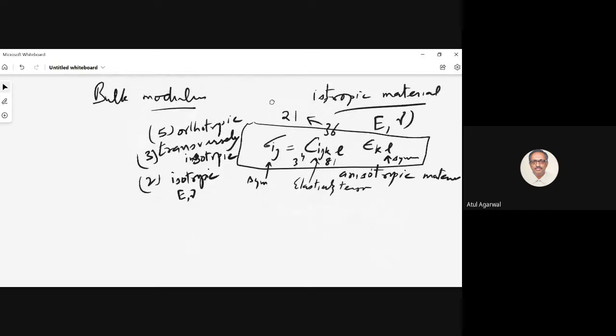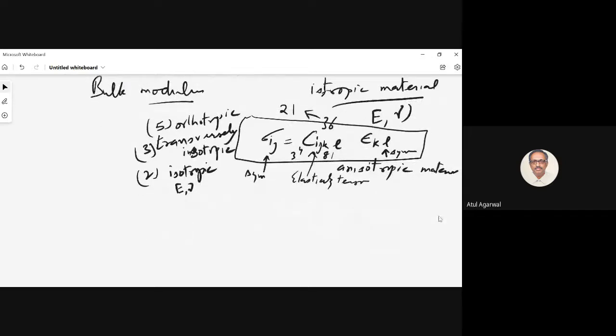So how do you find bulk modulus? You don't need special values for bulk modulus or shear modulus. Shear modulus, I already told you, is equal to E upon 2 into 1 plus nu. And similarly, bulk modulus is E upon, we can derive it.